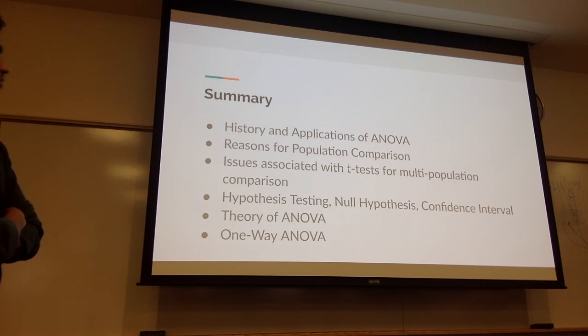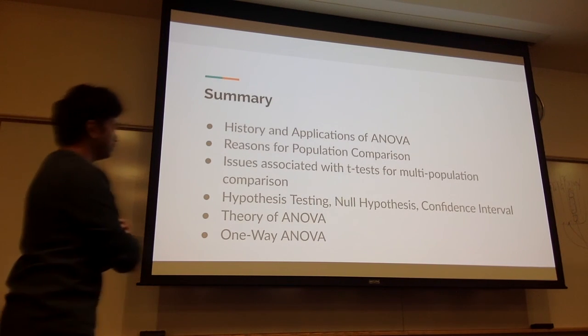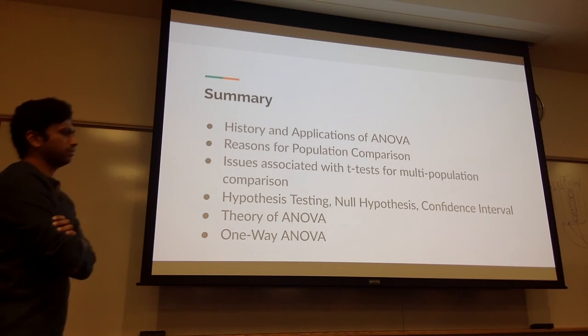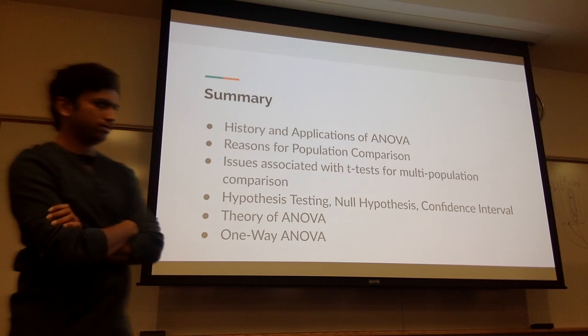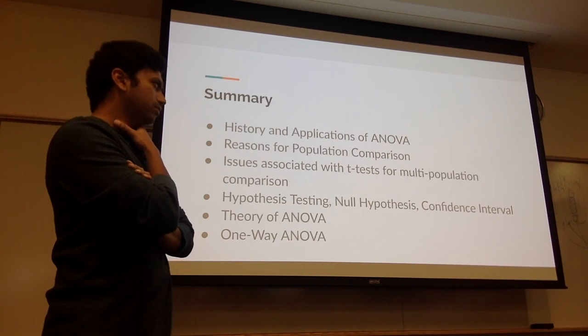So MANOVA helps us get the F score of 2 data sets, 2 distributions, and lets us compare multiple columns of them with a 95% confidence interval, which is not possible in basic t-tests or any mean comparison algorithms.